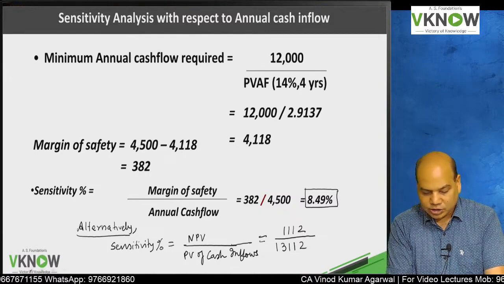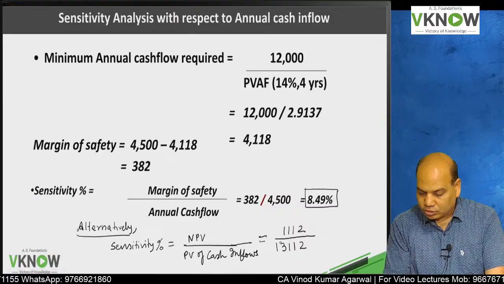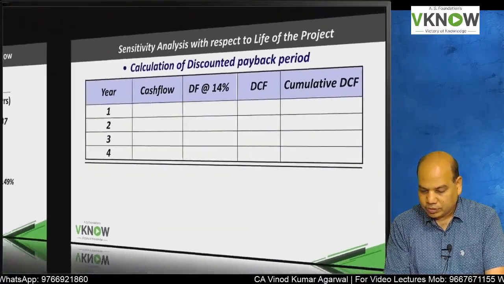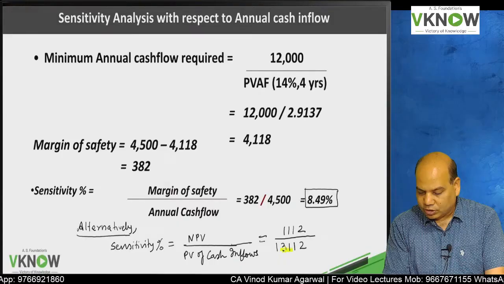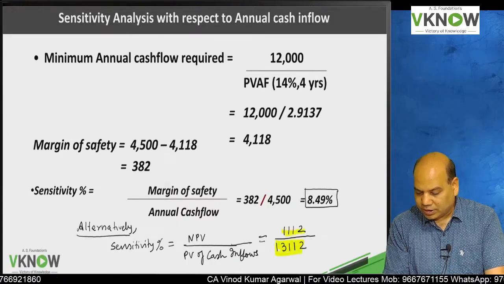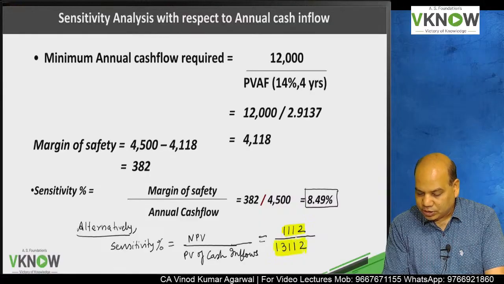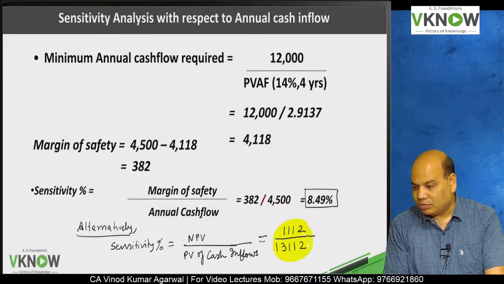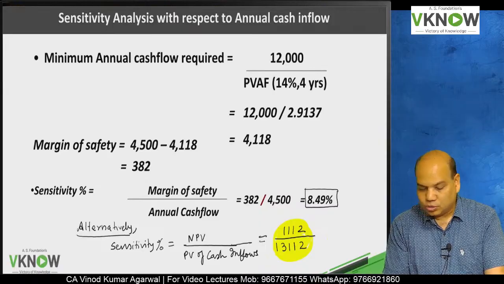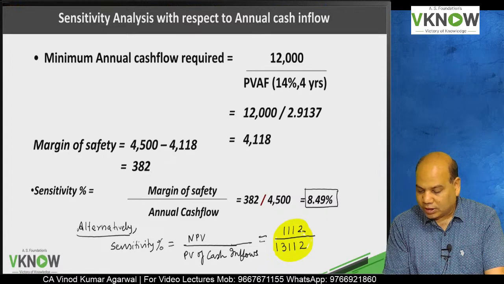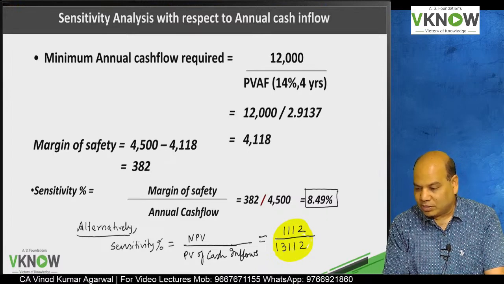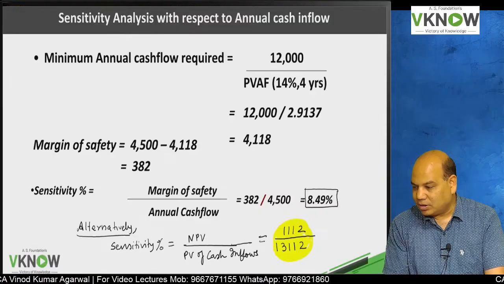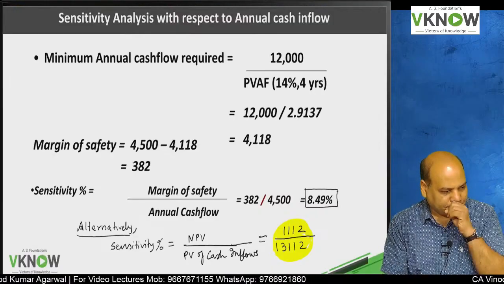So proportionately, what percentage can be reduced so that the NPV will become 0 is 1112 divided by 13112. Both are in present value terms, so they are comparable. Multiply by 100.